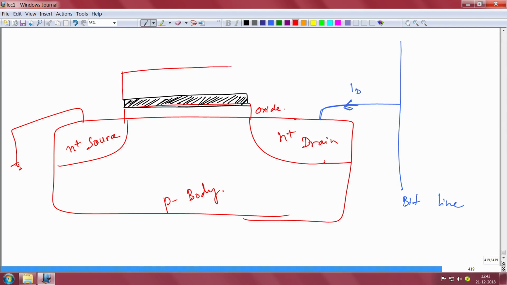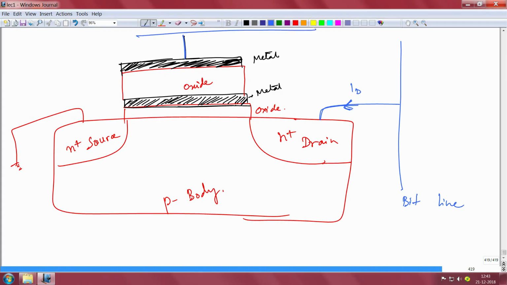On top of that there is also another oxide, which is strange, and then on top of that you have another metal gate. This is also a metal gate, but this is isolated metal, and this metal gate is connected to the word line, you know, word line and bit line.